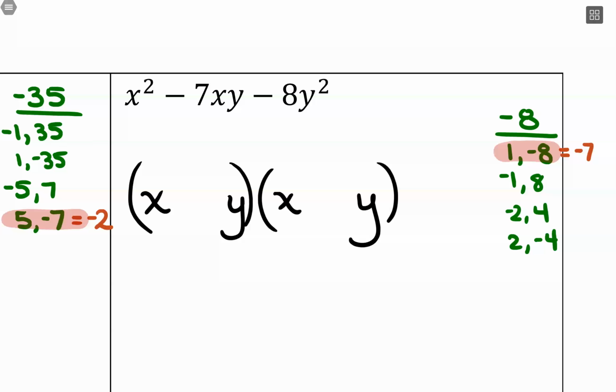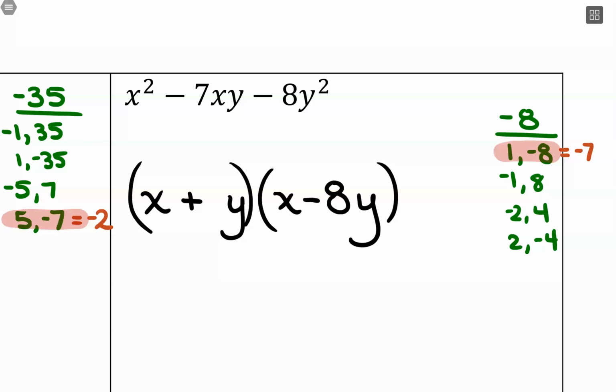So we need a positive 1, so x plus and then 1 times y, but I'm just going to leave the 1 off there since it's implied as the coefficient there, and then negative 8. So I'm listing out all of the numbers here just so that you can kind of see the exhaustive list.